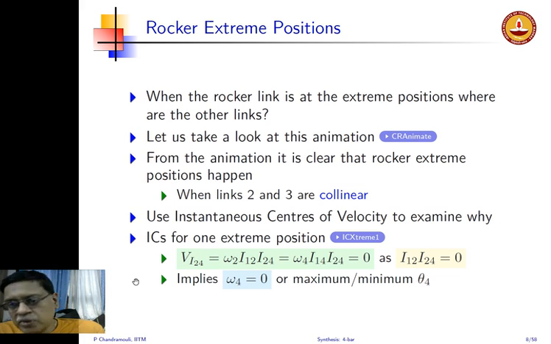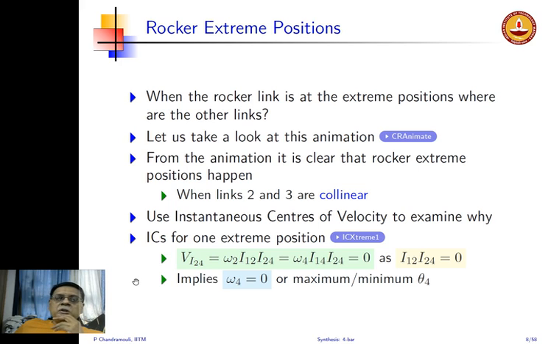Now in this particular case, I12, I24 happens to be 0, which means that the velocity of I24 at this instant is 0. Now if I treat I24 as a point on body 4, every point on body 4 is rotating about I14. So the velocity is omega 4 times I14, I24. Even though I14, I24 is non-zero, since the velocity is 0, this implies that omega 4 is 0.